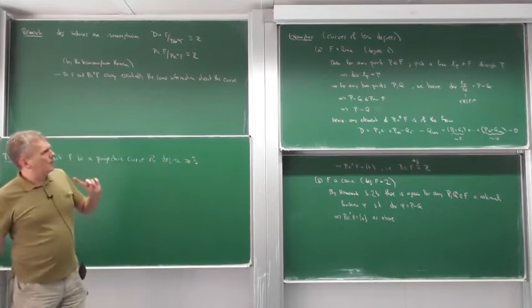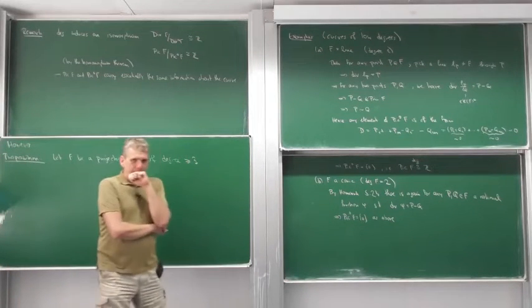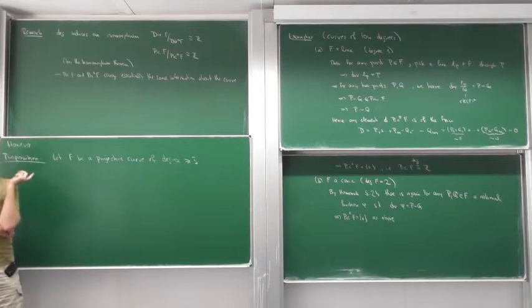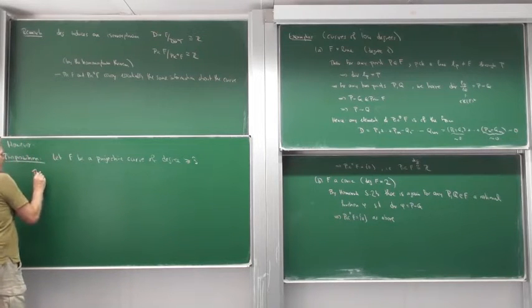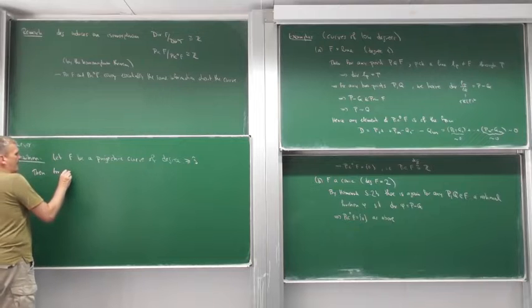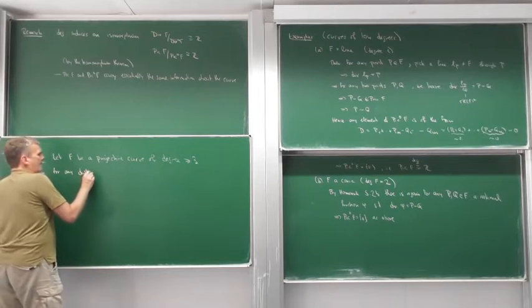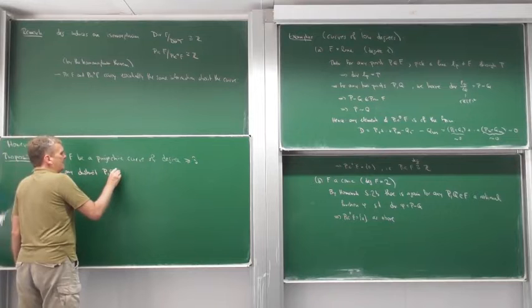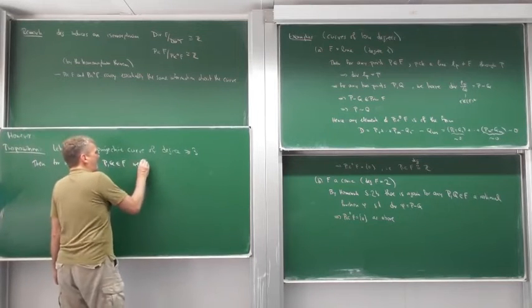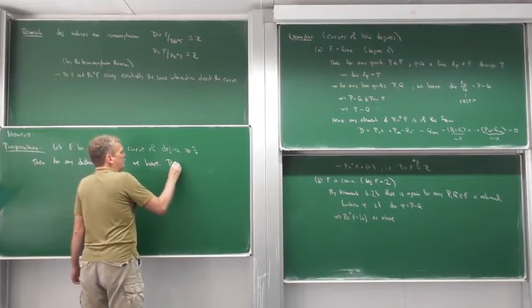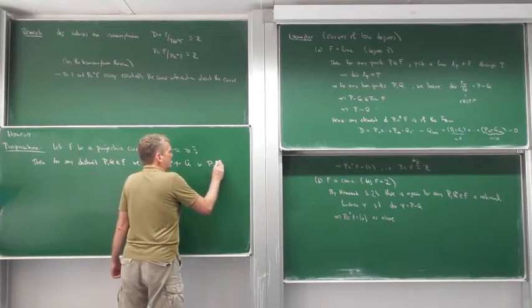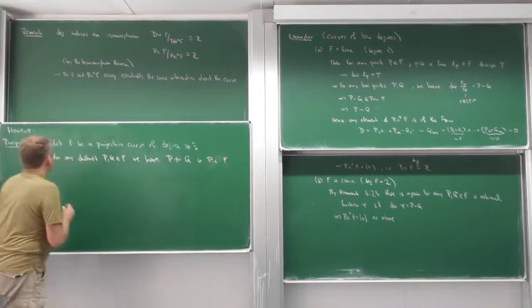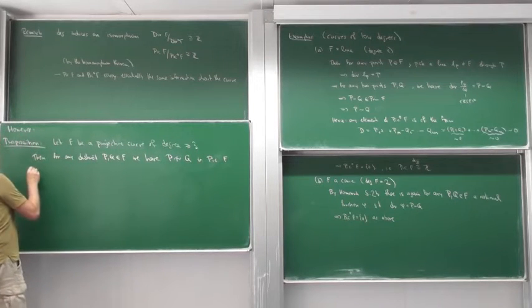Then if we take any 2 points, they would never be rationally linearly equivalent, actually. So that means p minus q is never 0 in the Picard group, and in particular, the Picard group will not be trivial. Then for any distinct p and q in F, we have that p is not equivalent to q in Pic F. And in particular, this means that the Picard group Pic 0 F is not trivial.